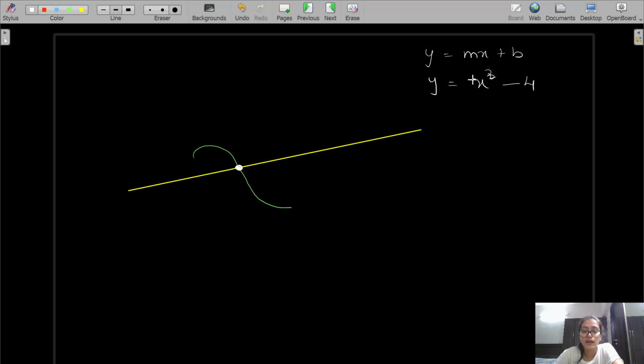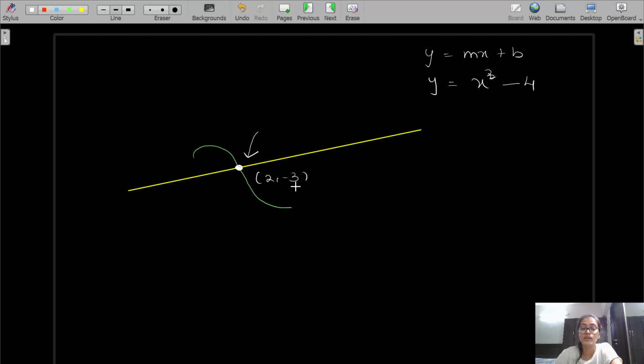So whenever you get a question like this, all you have to do is put these expressions equal to each other, because the point of intersection, whatever this point is, is lying both on the line as well as on the curve. So if this point is, let's say, 2 comma -3, this point is lying on the line as well as on the curve, right?